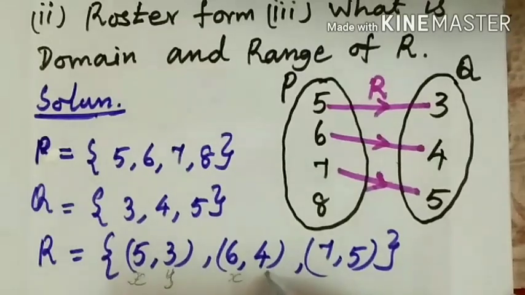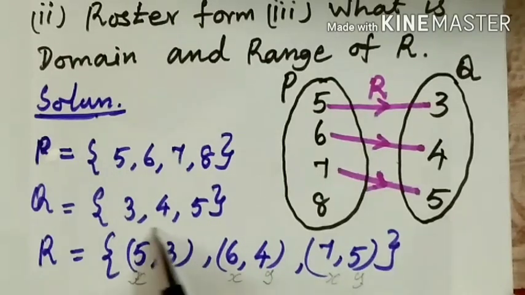So you observe the first elements in all ordered pairs 5, 6, 7 and the second elements 3, 4, 5. See, in this ordered pair 5 is greater than the y coordinate, that is the second element, and here also the x coordinate is greater than the y coordinate, and here also.